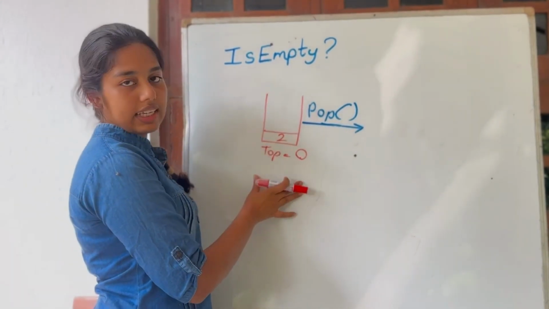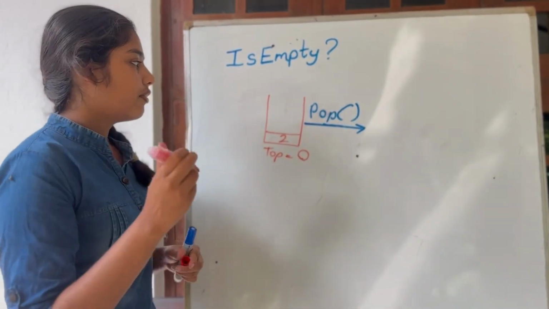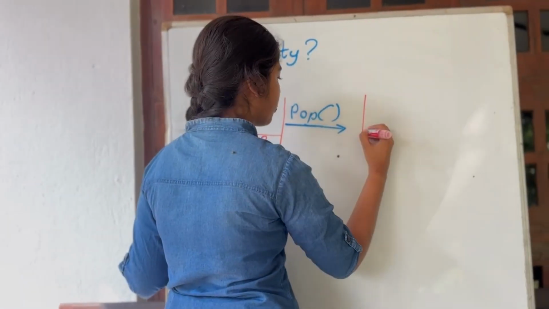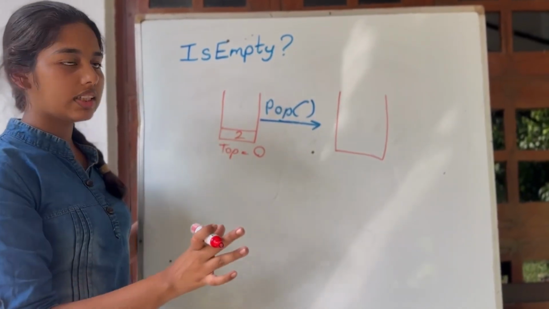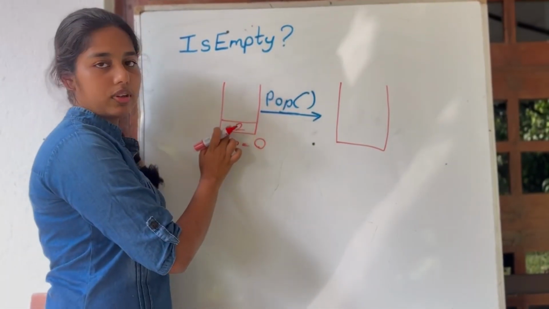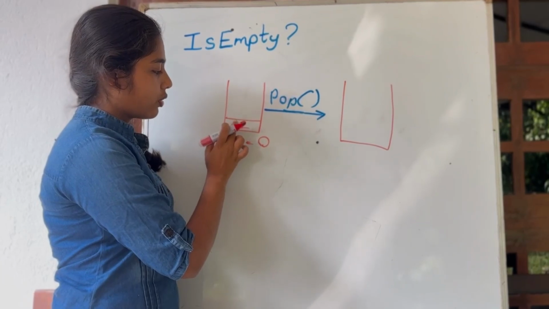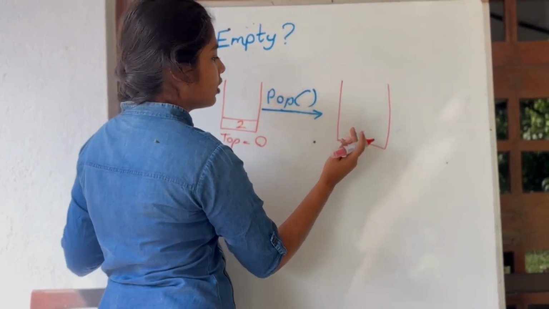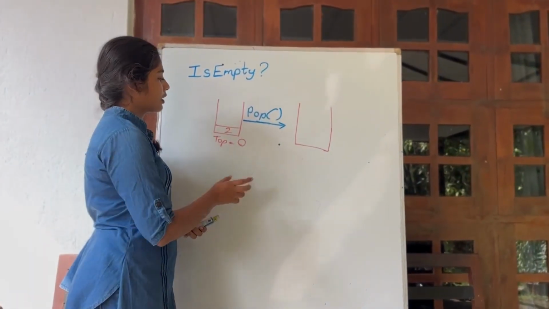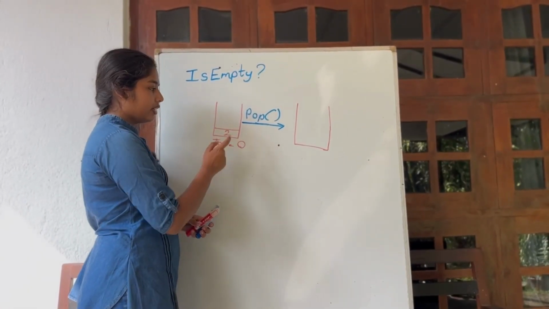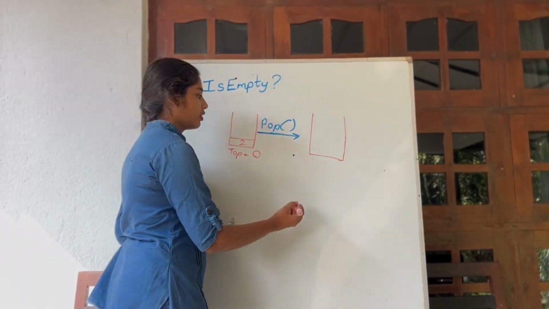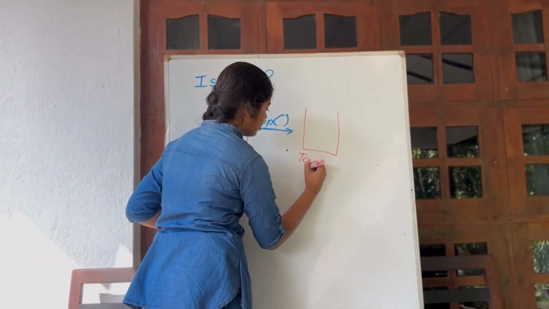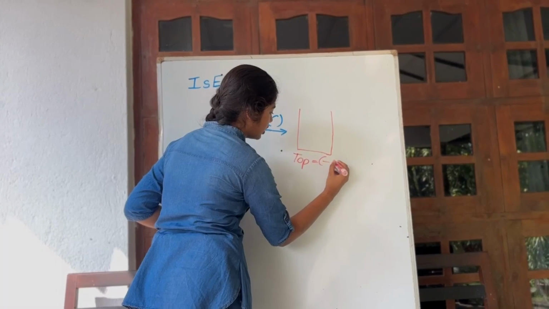So this stack is not empty, so we can do the pop operation. Pop operation means removing the top element from the stack. So we are going to remove 2. After removing this element, our top value is decreased by 1. So here the top value is going to be -1.